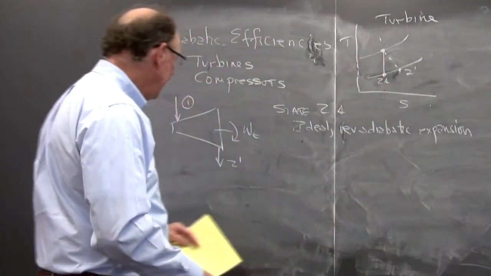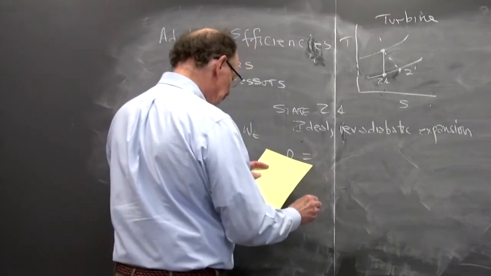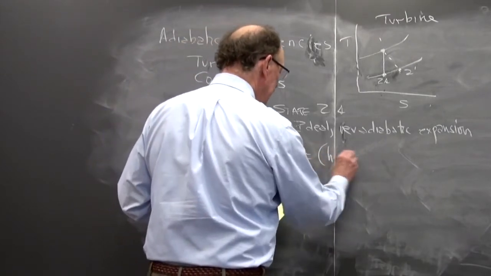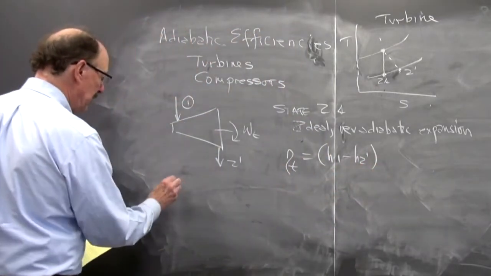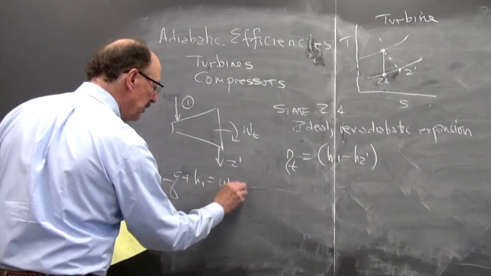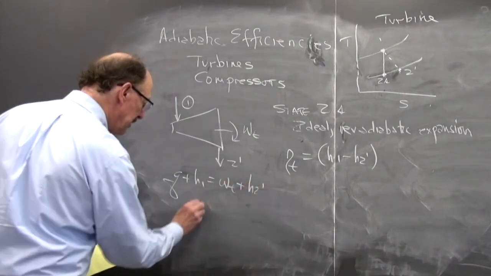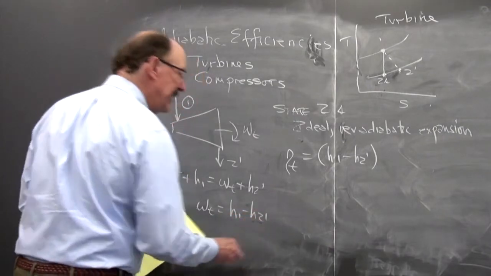So the adiabatic efficiency, eta sub t, is equal to H1 minus H2 prime. And this is the work, like Q plus H1 is equal to WT plus H2 prime, so WT is equal to H1 minus H2 prime. We've done that a million times.